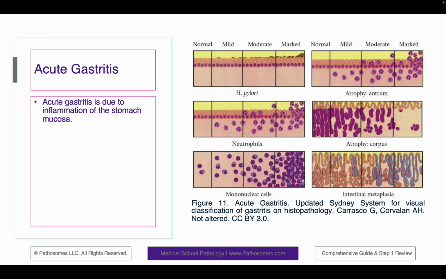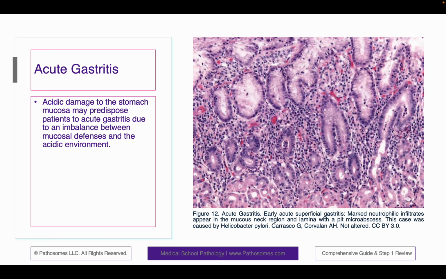Now let's move on to another commonly tested entity, acute gastritis, right? Acute gastritis is due to inflammation of the stomach mucosa. Acidic damage to the stomach mucosa may predispose patients to acute gastritis due to an imbalance between mucosal defenses and the acidic environment.